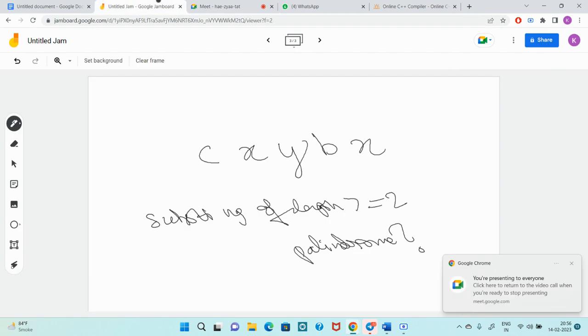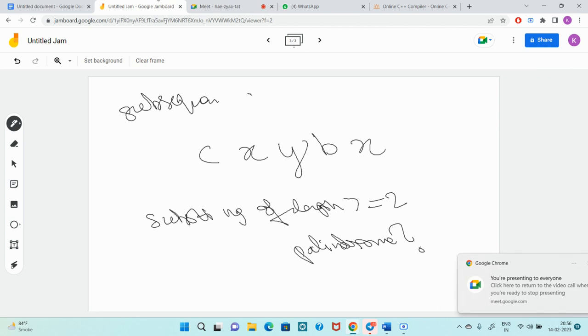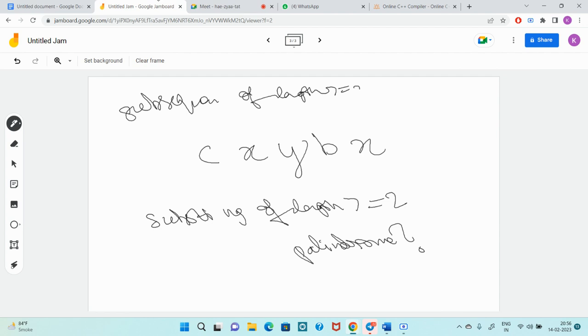But what if I ask you, is there a subsequence of length greater than equal to 2 which is a palindrome? You know, subsequence means you can pick any character from anywhere. Subsequence means you can pick any character anytime. It does not need to be continuous. Is there a subsequence of length greater than equal to 2 which is a palindrome?